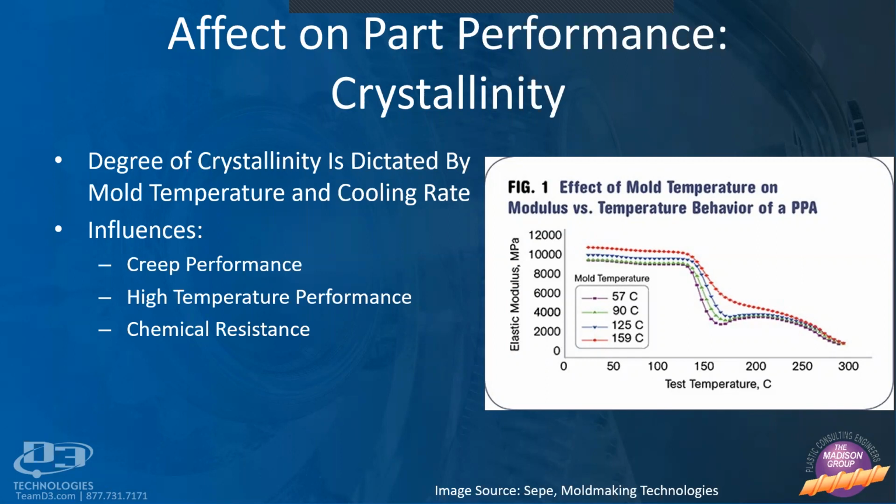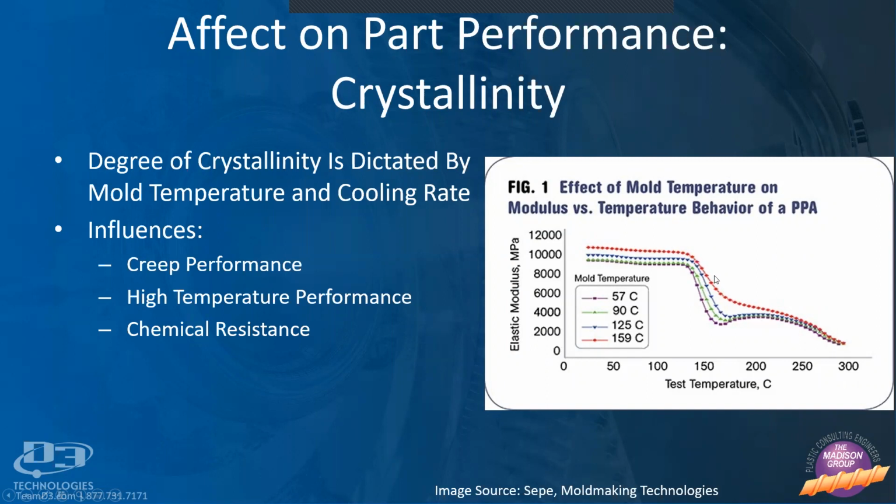Really where we see the benefits of running that hotter mold and paying attention to how we're cooling that part and making sure we develop that crystallinity in our part is by looking at the higher temperature performance. Not only do we maintain a higher modulus in our material at elevated temperatures, but also look at how we drop off in our performance as we get up to that temperature.